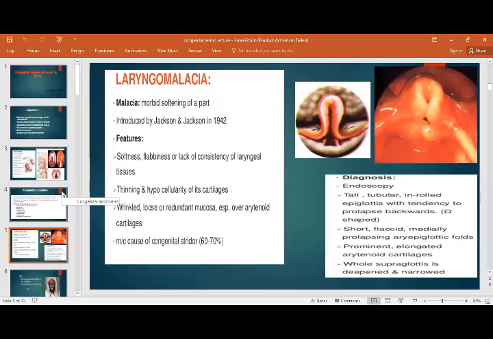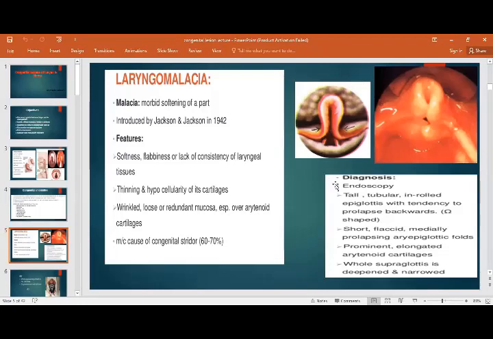But the next question the physician should ask is whether, when you put your child in a prone position, the sound goes or remains. The answer would be that it goes, and you can also do it in your clinic. When you put the patient in a prone position, the sound would vanish. So this is again one of the clinical diagnoses of laryngomalacia.